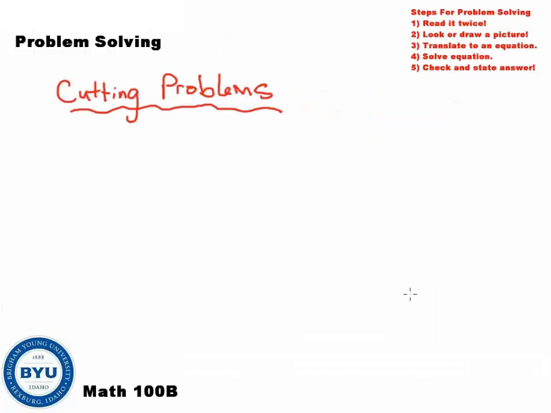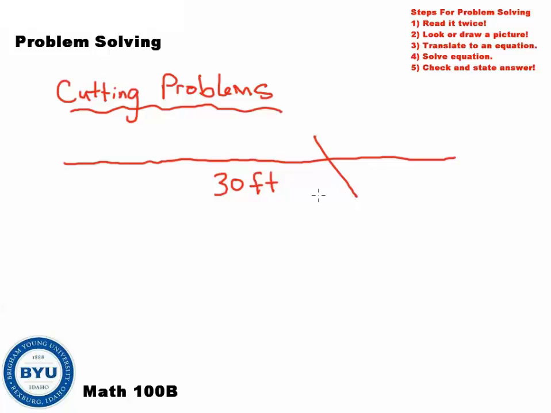The first type of word problem we want to talk about is a cutting problem. Let's say that we had a string. You'll have to bear with me here. I'm not a very good drawer, and it's even harder on the computer. But let's say that this string is, I don't know, 30 feet long. And our goal is to cut this string somewhere along the string with some scissors.